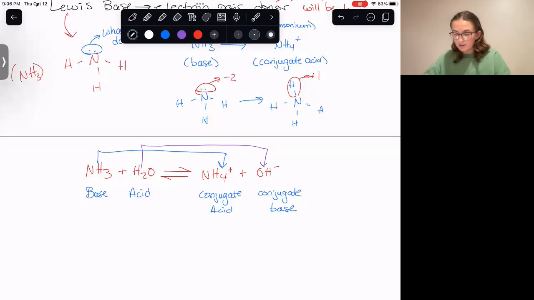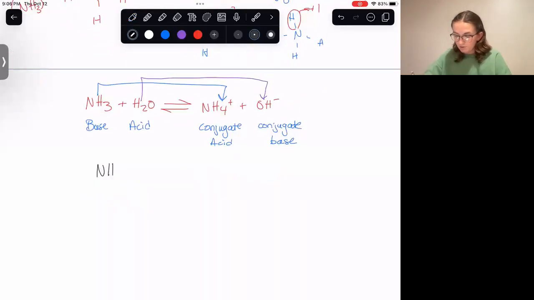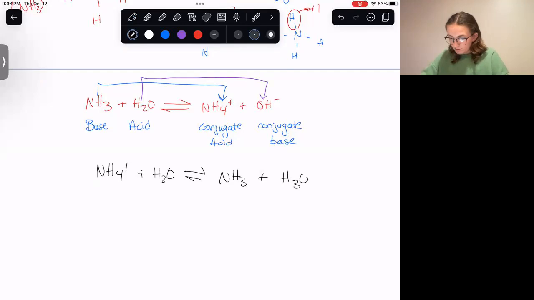However, we can also put this in the context of NH4 plus in water. And this now creates NH3 and H3O plus.